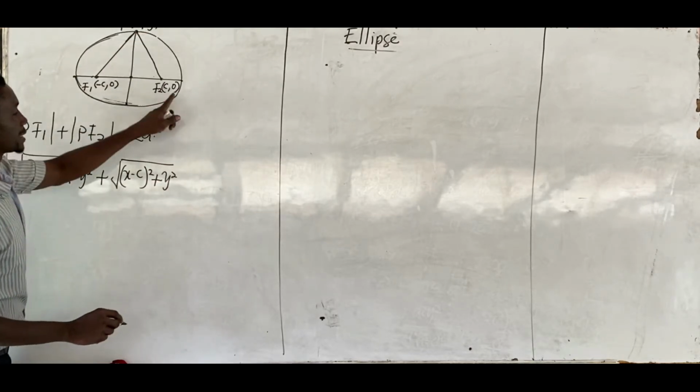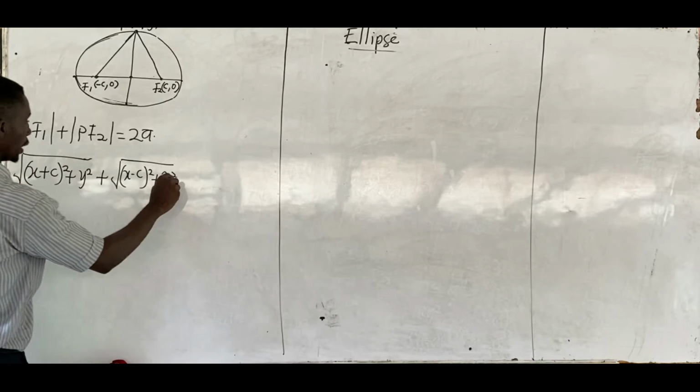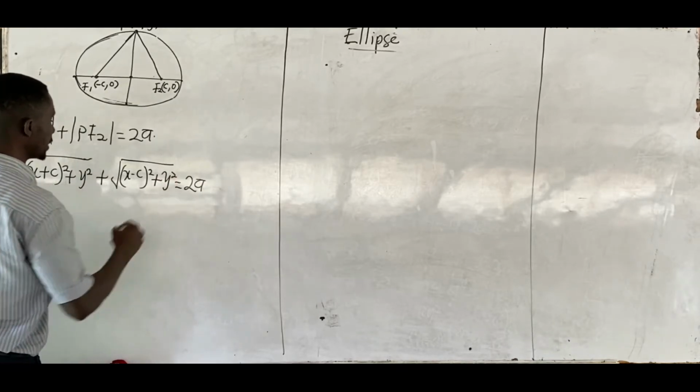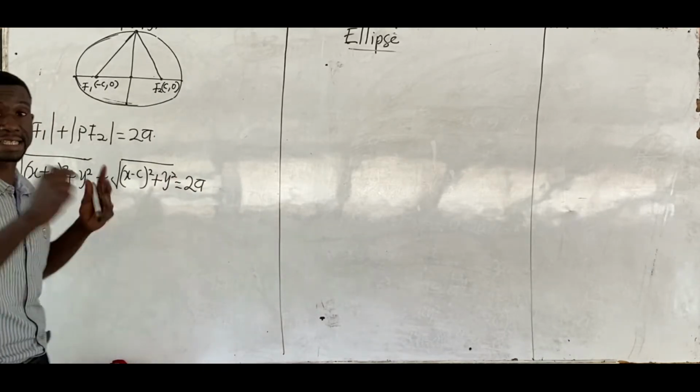That is y minus 0 all squared, which gives y squared. This is equal to 2a. This is the condition for the ellipse to exist.